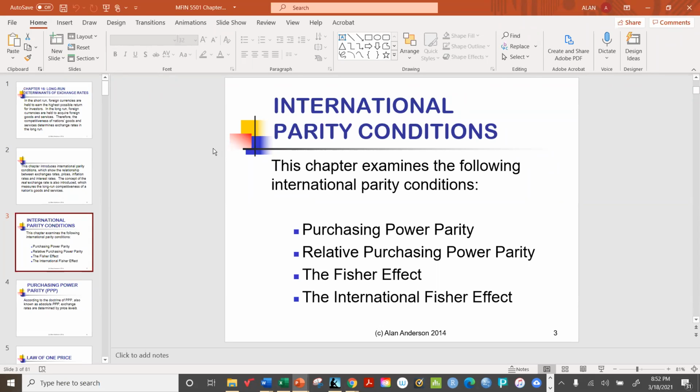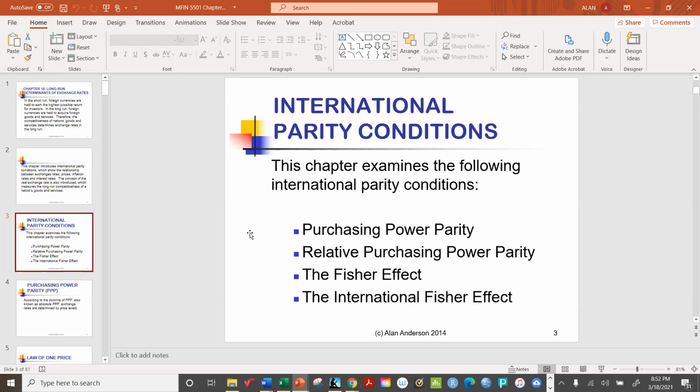These are not arbitrage-free relationships, which means that if they're violated, there's no opportunity to earn arbitrage. It's a very different situation here. We're just going to assume that these should hold in the long run, but there can be short periods of time in which they do not hold. And you can see there are 4 of them, and they're called purchasing power parity, relative purchasing power parity, the Fisher effect, and an extension of that to the international sector called the international Fisher effect.